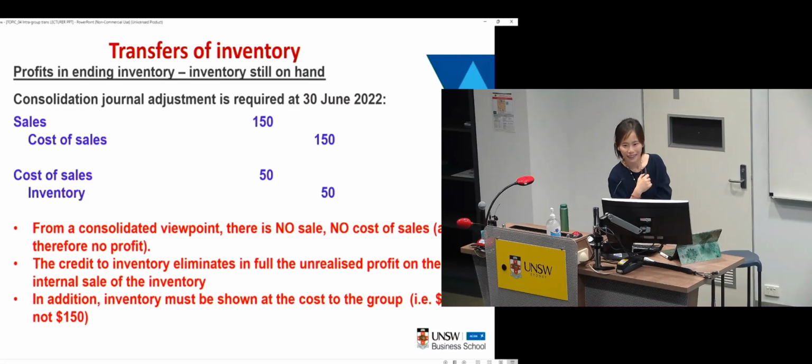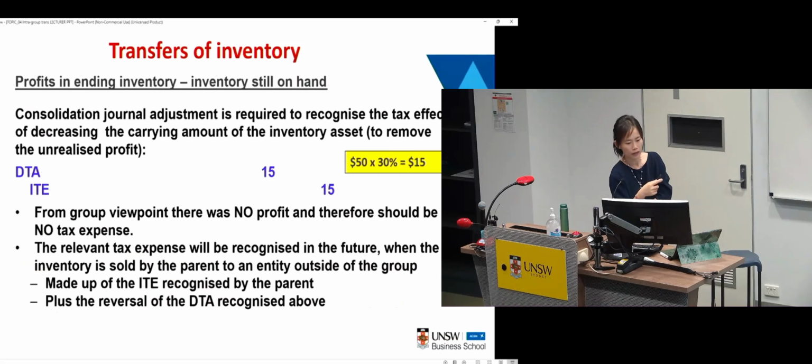What's next? Tax, right? Don't forget tax. Now the unrealized profit of 50 is eliminated. Profit decreases, tax decreases, so your income tax expense of 15 should be reduced, because the group profit is reduced, so the income tax expense of the group should also decrease.